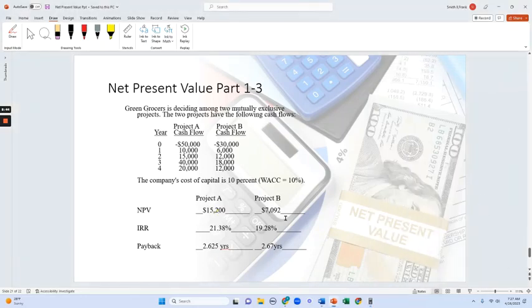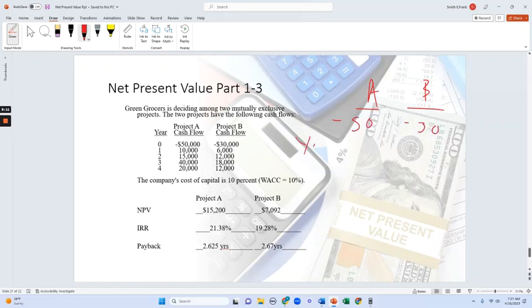Let's talk about payback. So I'm going to do A first. Let me start writing. For project A, and then put B over here. You start by being out $50,000. So you have minus 50 that you're having to make up here, and minus 30 that you're having to make up here.